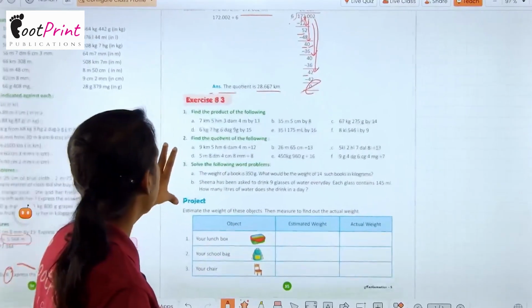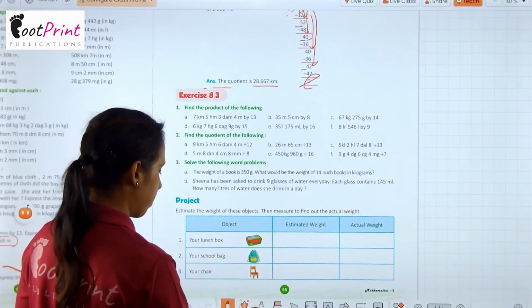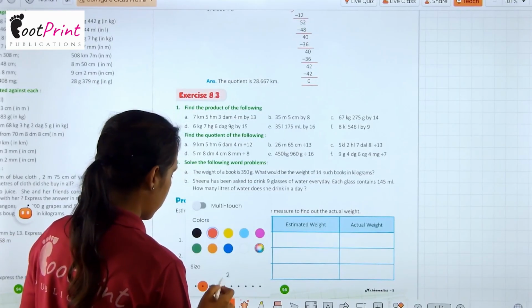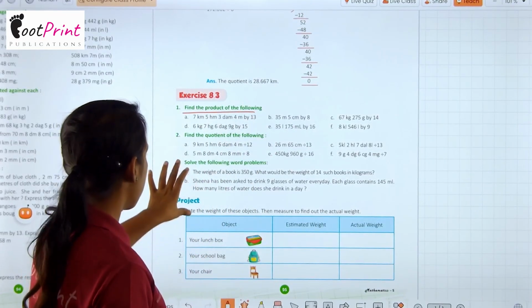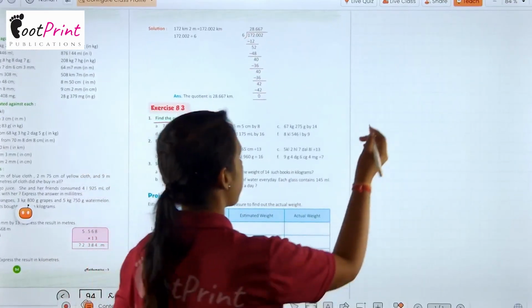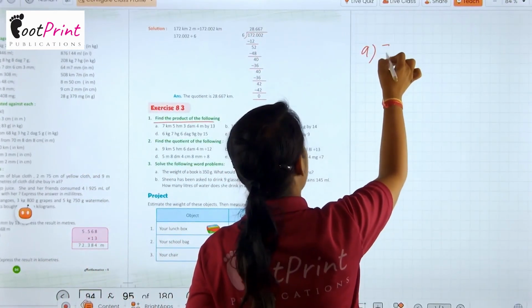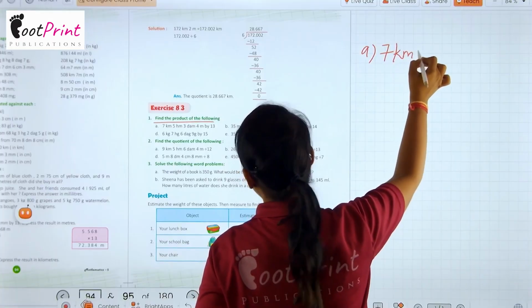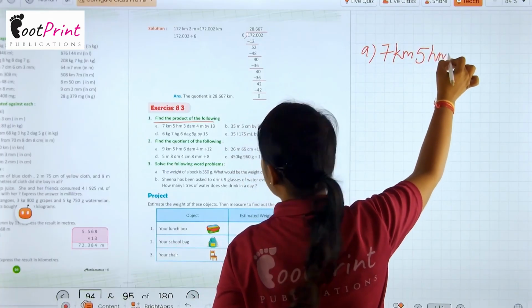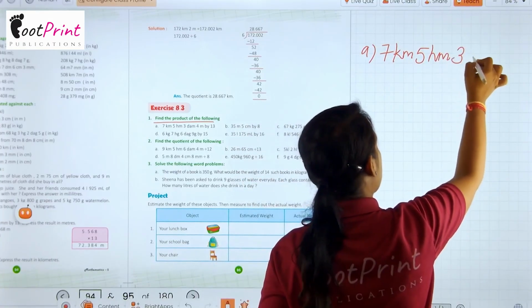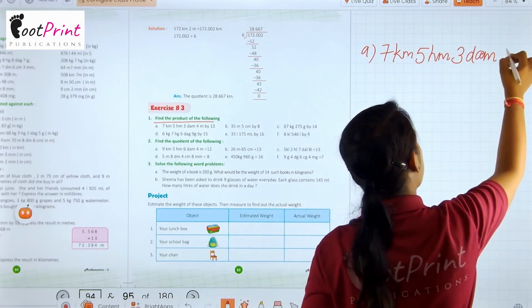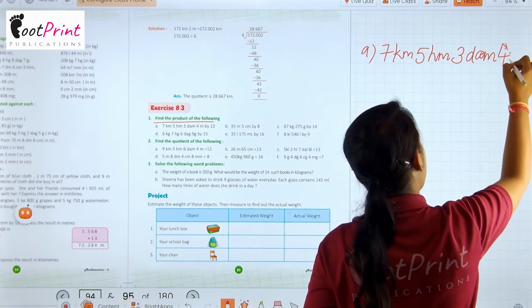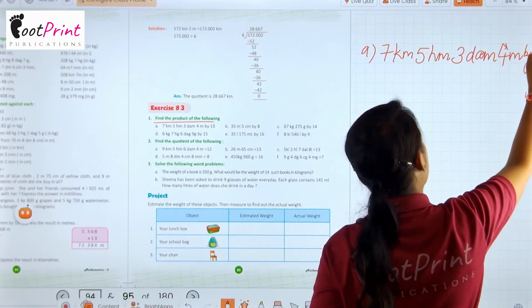Okay. Now on the basis of this multiplication and division of metric units, we have to solve exercise 8.3 here. What we have to do here? The question number 1, find the product of the following. The question number 1 is 7 kilometer, 5 hectometer, 3 decameter, 4 meter. And we have to multiply it by 13.